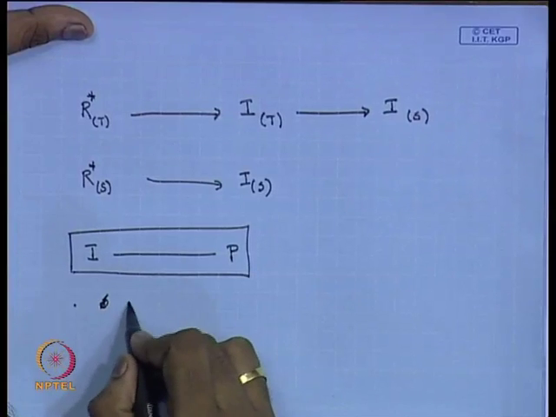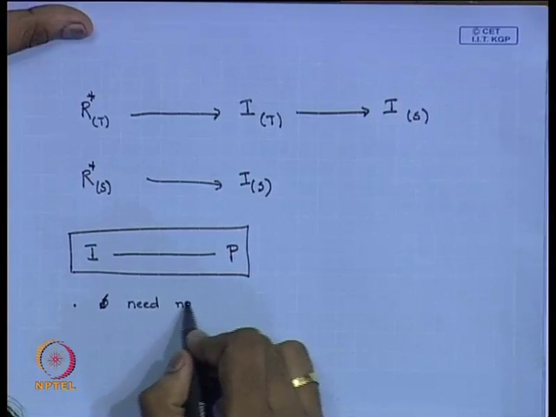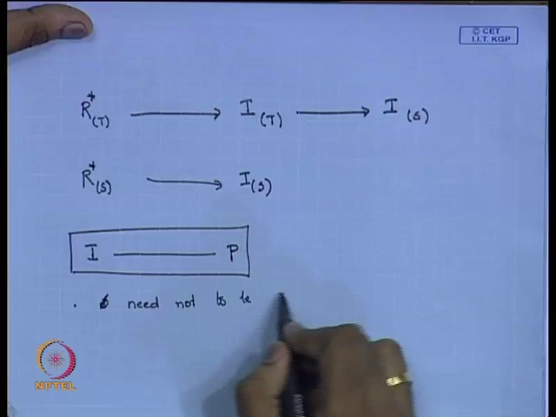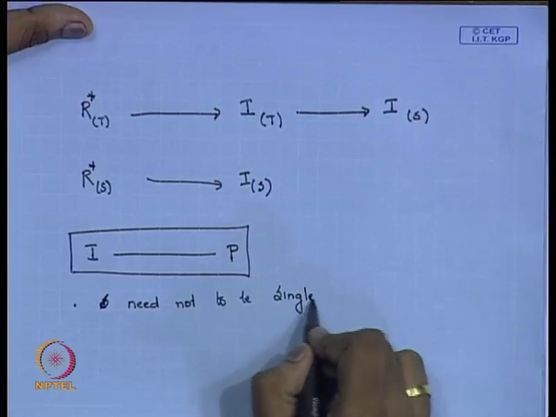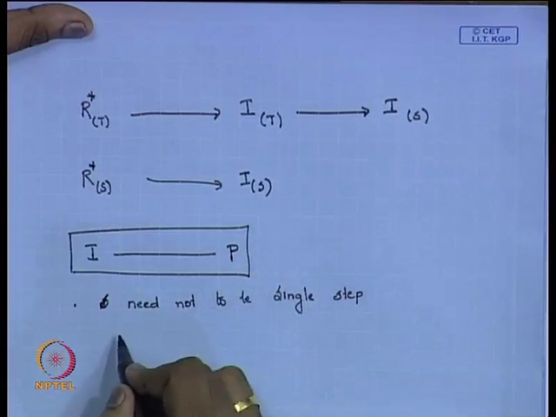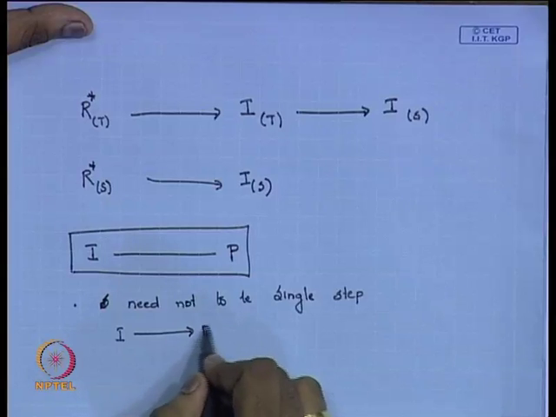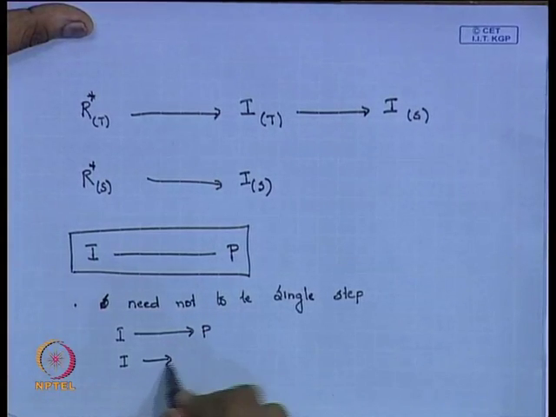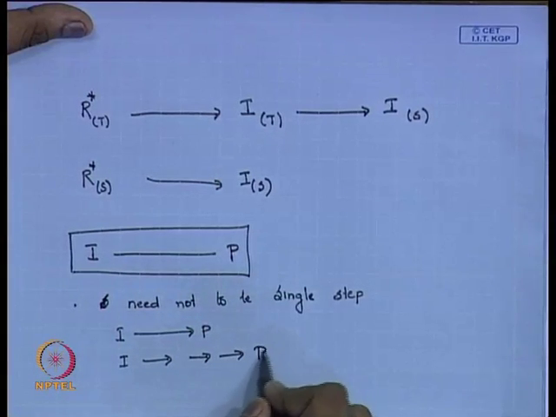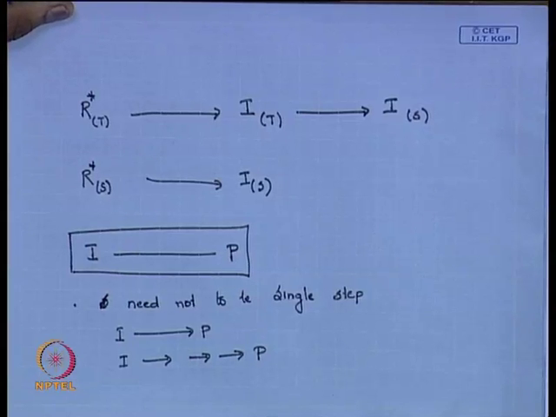It can be multiple steps. That is the first point you have to remember. So, your I can transform to P like this, or your I can do a multi-step process to give you the P.